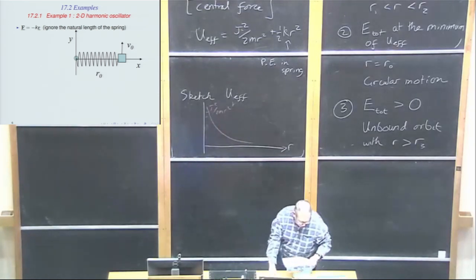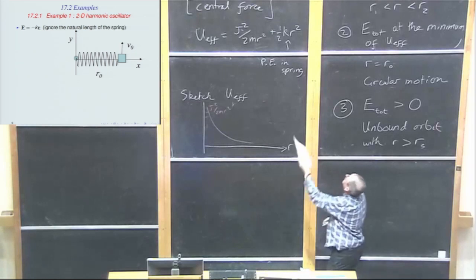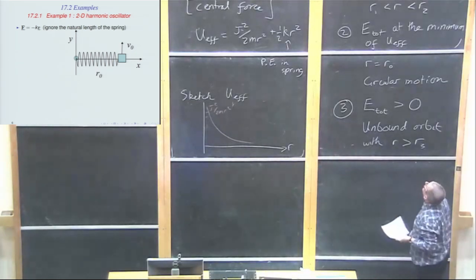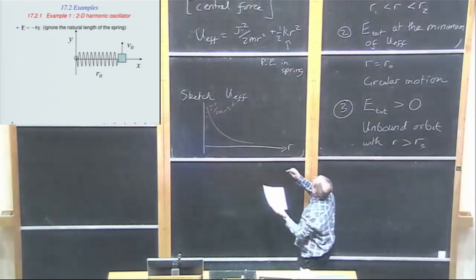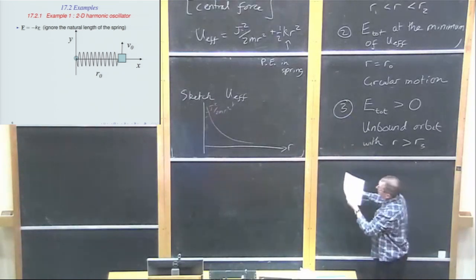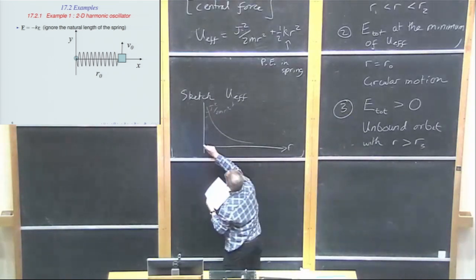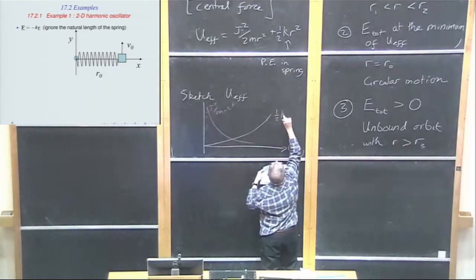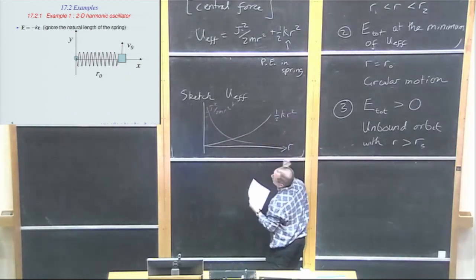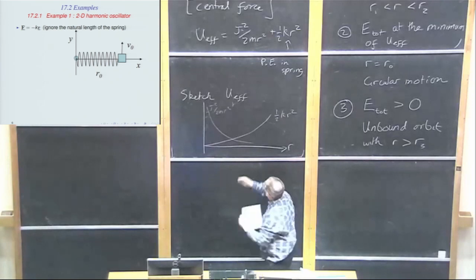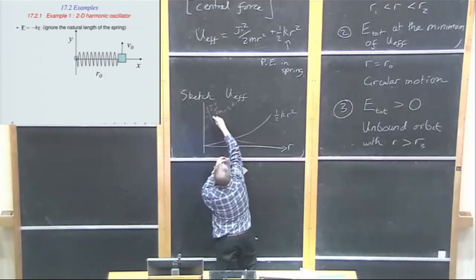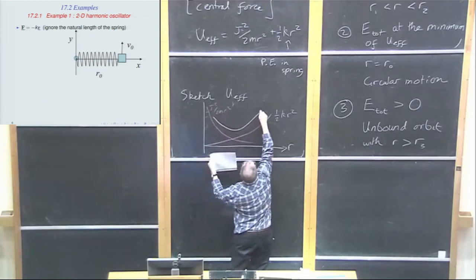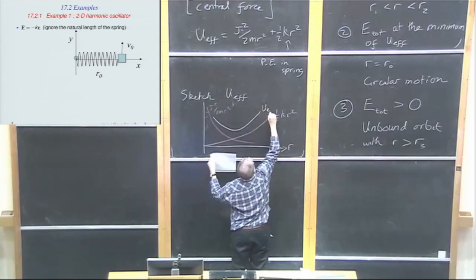But then we have the true potential energy, which in this case is going to be just a parabola. So this goes up like this. So this is a half kr squared. So if I superimpose these, I get something which is like that, U_F.